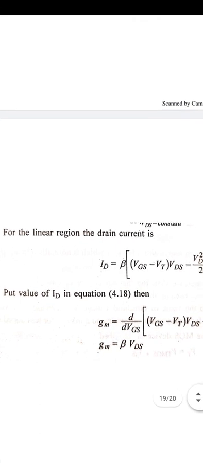So I will take del ID, differentiated with respect to VGS at constant VDS. Then I get the relationship GM is equal to beta into VDS. That shows the transconductance in the non-saturated region.